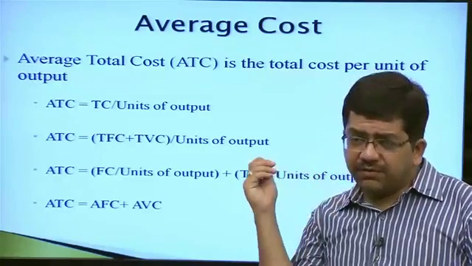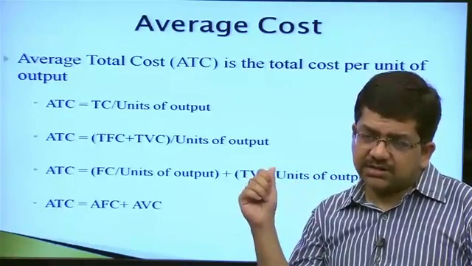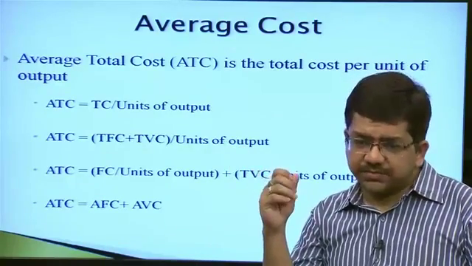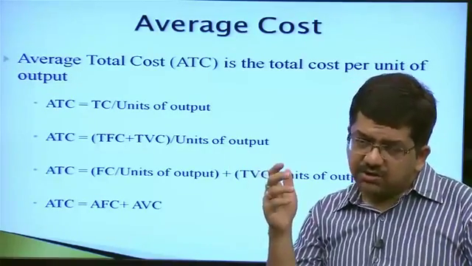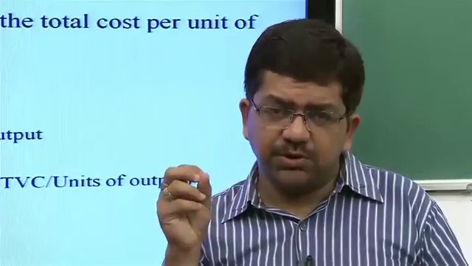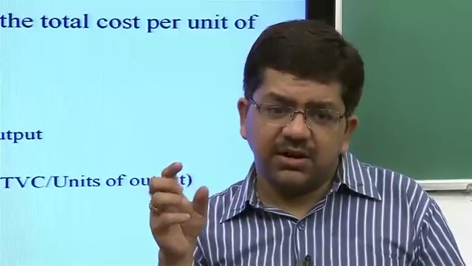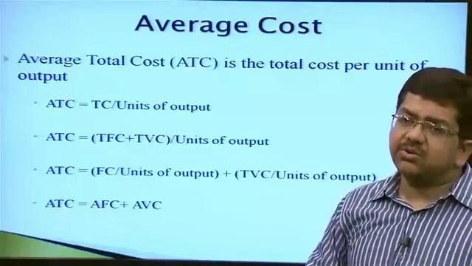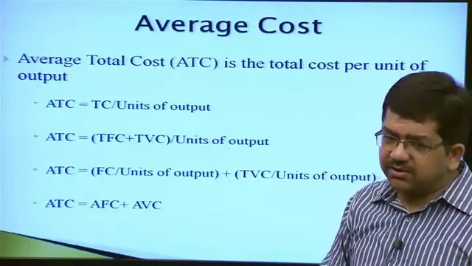Where we ended in the last class was the average total cost. Average total cost is basically the total cost divided by the units of output, and here in this equation I have bifurcated the total cost into total fixed cost plus total variable cost.